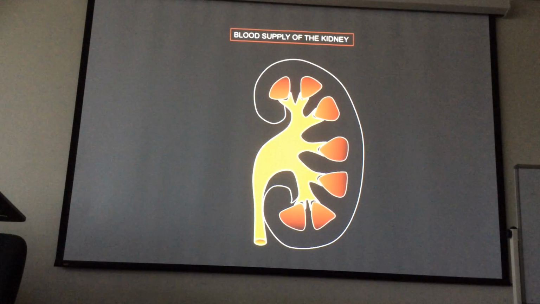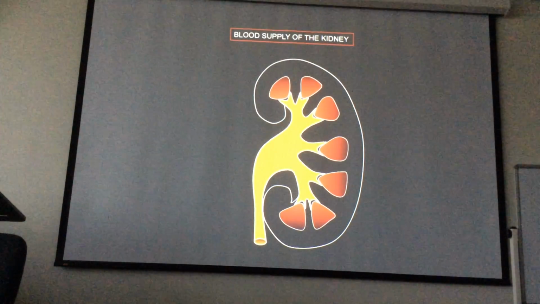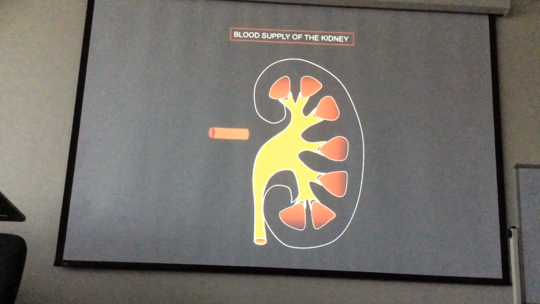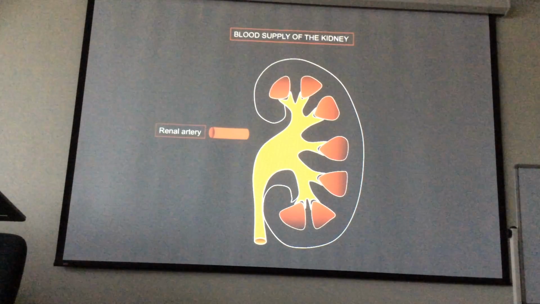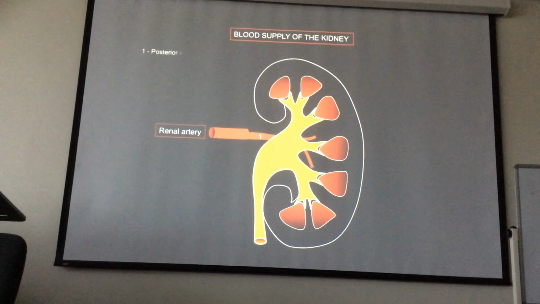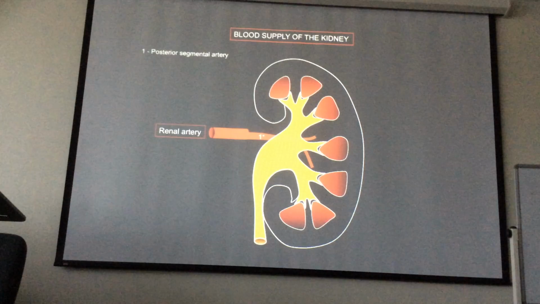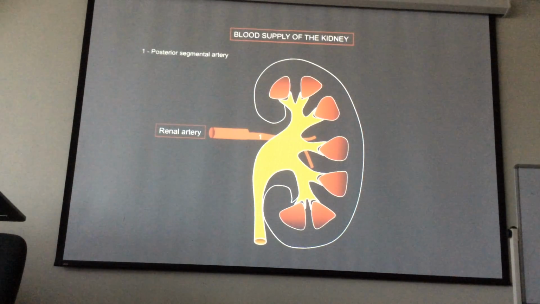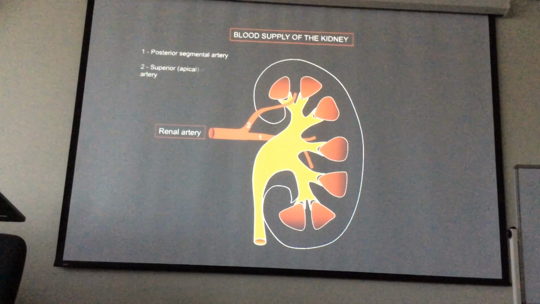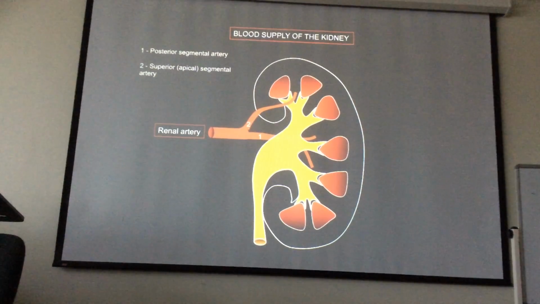Now, blood supply of the kidney. Oni has done a little bit in her presentation, I saw that. So let's start with the renal artery. It divides. Posterior segmental, it goes behind. Who should this be? Superior segmental or apical artery.